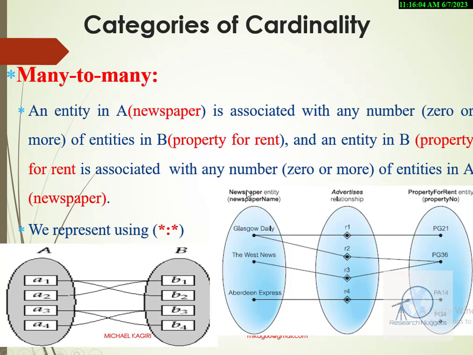We may have a newspaper that does not advertise any property for rent, or a newspaper that is only advertising one property for rent, or a newspaper that is advertising more than one property for rent.